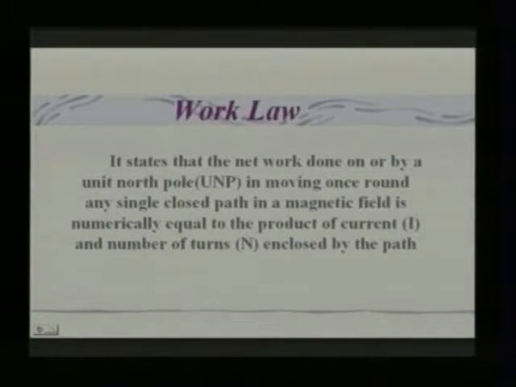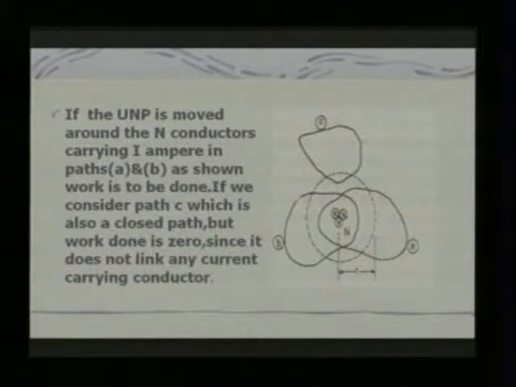It states that the net work done on or by a unit north pole, that is UNP, of magnetic field strength 1 Weber, in moving once round any single closed path in a magnetic field is numerically equal to the product of current I and number of turns enclosed by the path. It can be explained from this figure.